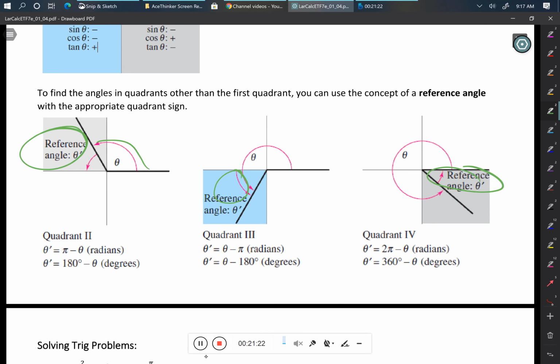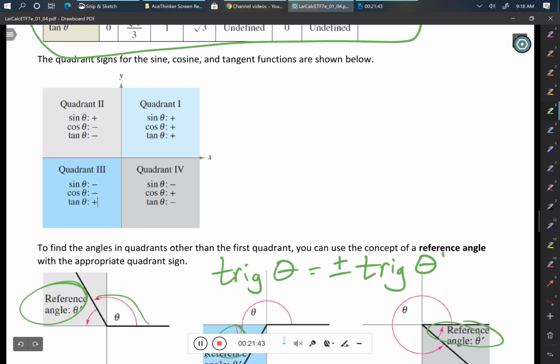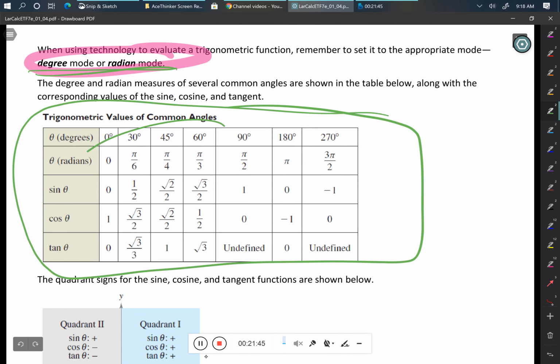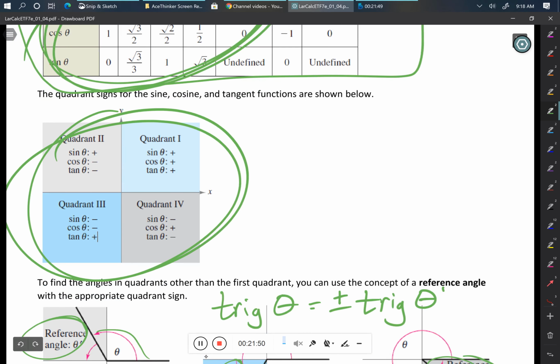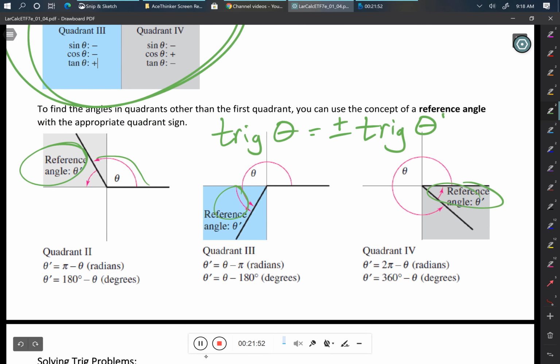And the deal is that the trig for some angle theta is either going to be the positive or negative trig of that reference angle. And the whole idea behind reference angles is if you memorize the first quadrant, you'll know all the quadrants then. If you memorize the first quadrant and you know this, reference angles say you can know all of them.